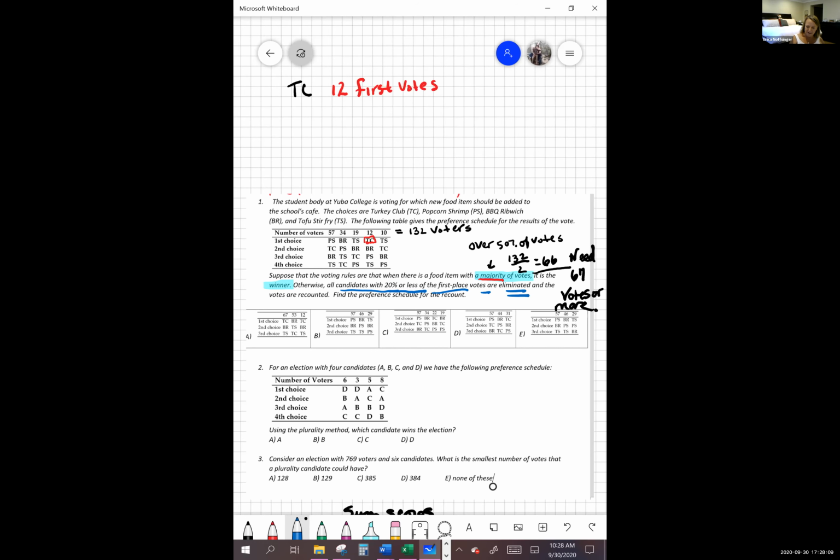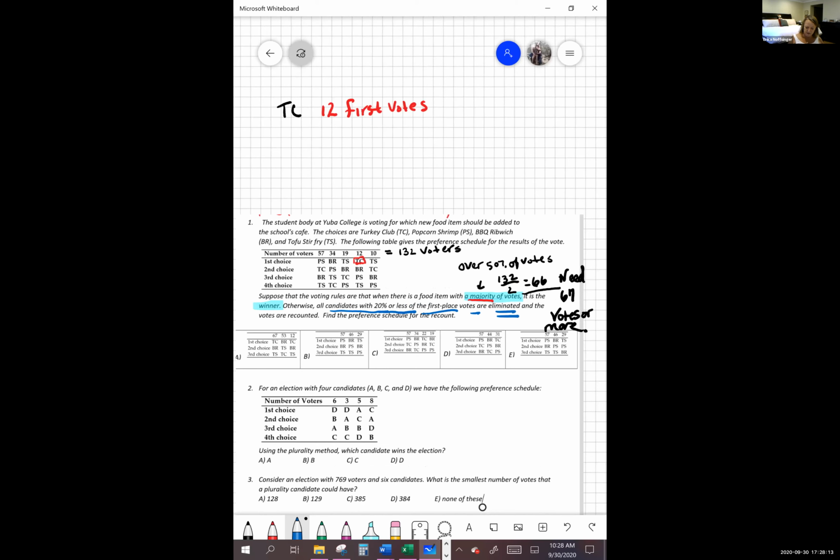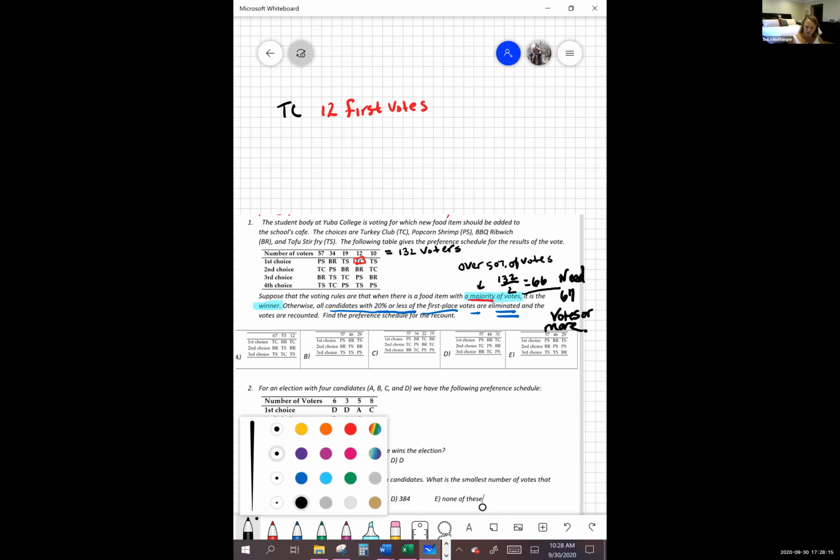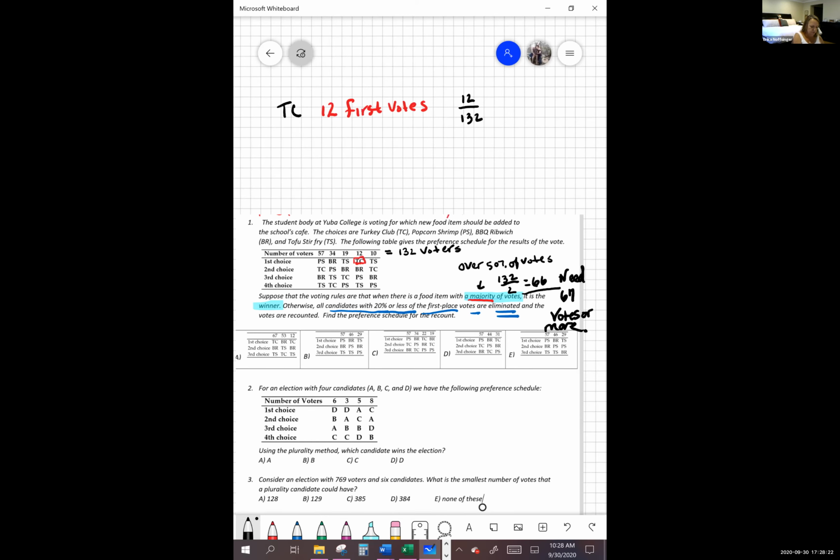So I need to figure out what percent this is. 12 divided by how many people voted, 132. They only got approximately 9% of votes.